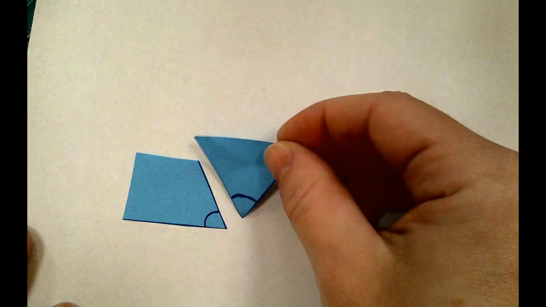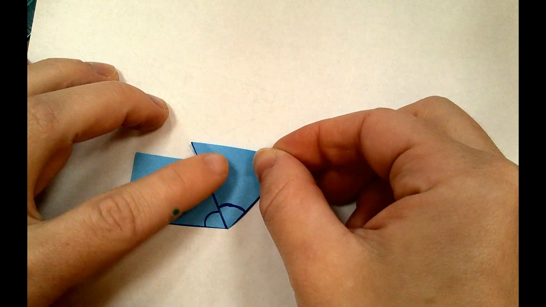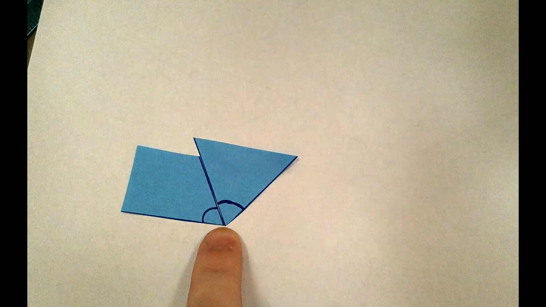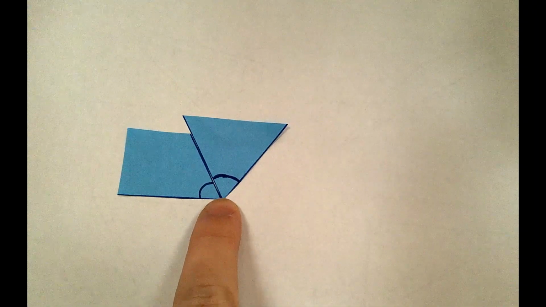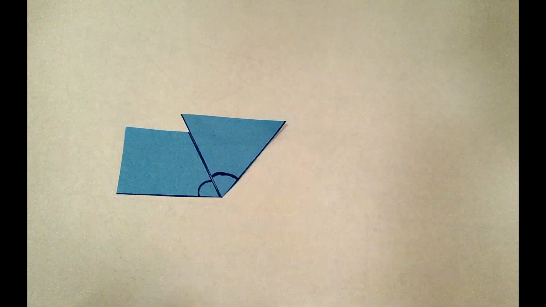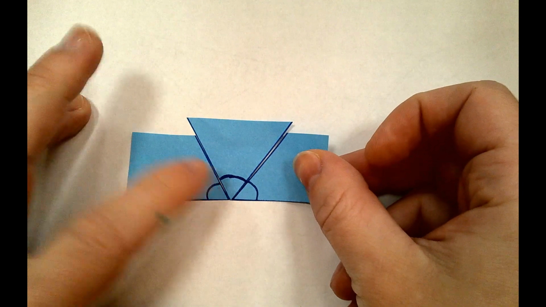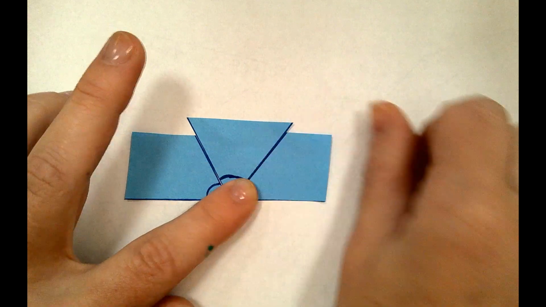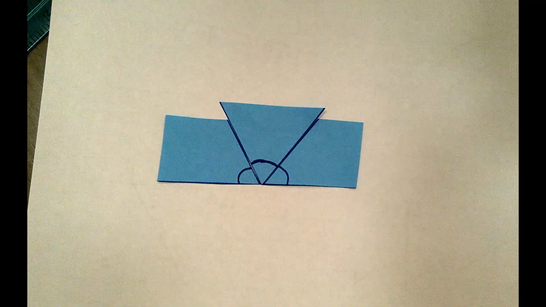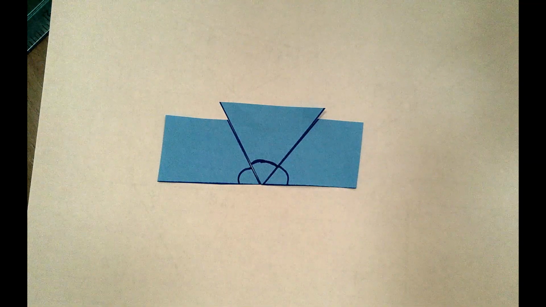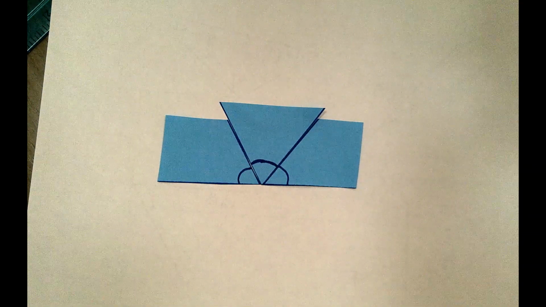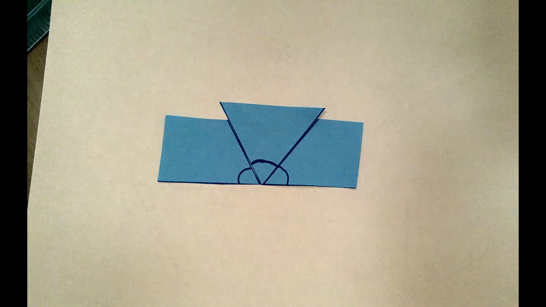So I'll set this angle down, and then I'm going to put the second angle of the triangle here so that the vertexes or the vertices are touching and the other sides of the angles are touching. And then I'm going to put my third angle here. What do we notice about these 3 angles? What do you think they add up to?